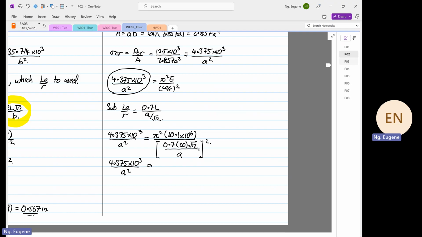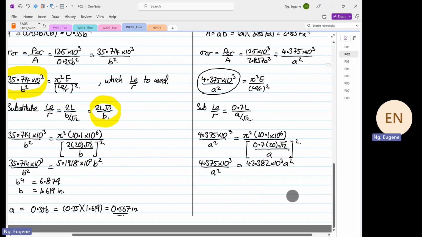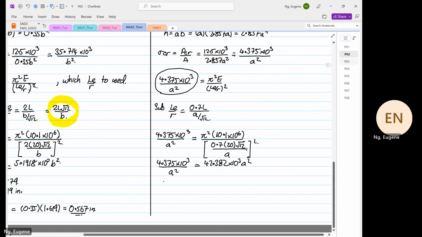I will have 42.382 times 10 to the power 3 over A squared. So I'm going to have the expression for A to the power 4 equal to 4.375 times 10 to the power 3 divided by 42.382 times 10 to the power 3. I will get 0.1032.